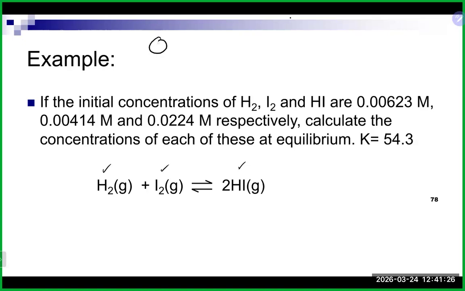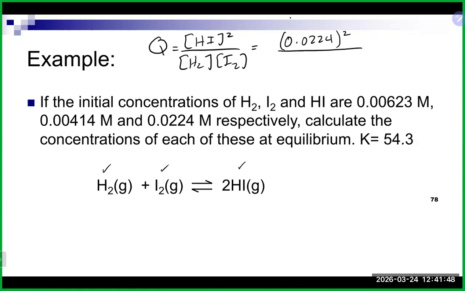So if we were going to calculate Q, it is done the same way as K as we saw before. We would take HI, we would square it, we would divide it by H2 and our I2. In this case, we would pop in our numbers, which is 0.0224 for our HI. Again, we're squaring it.